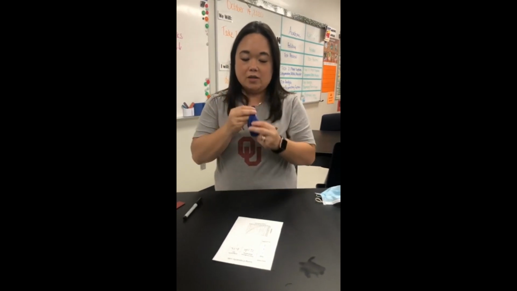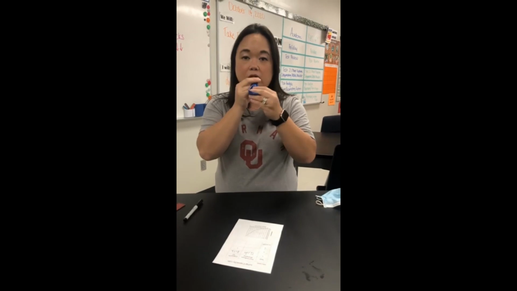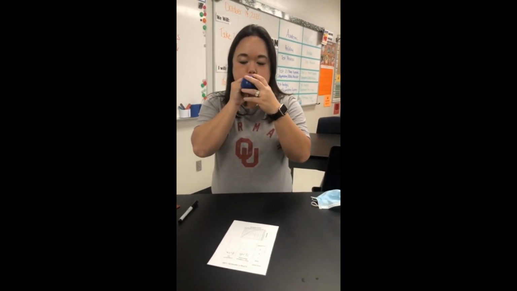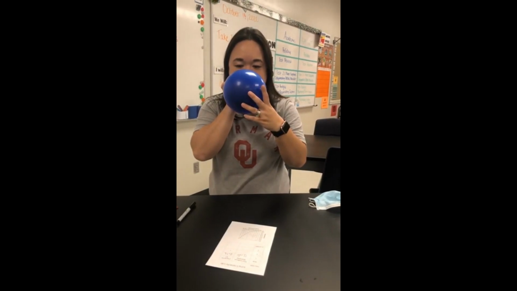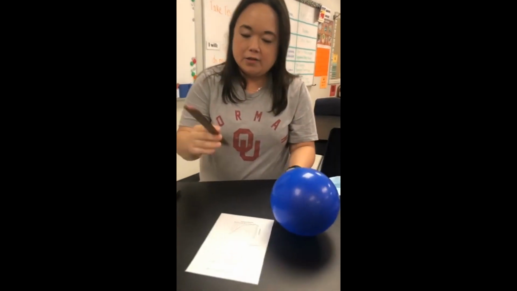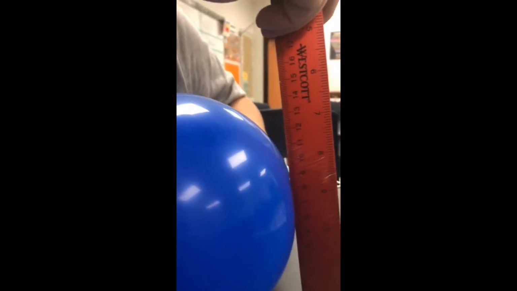So you're blowing into the balloon, not taking a bunch of breaths, just one large breath. Okay. So again, I'm going to take my ruler and measure what it is this time.